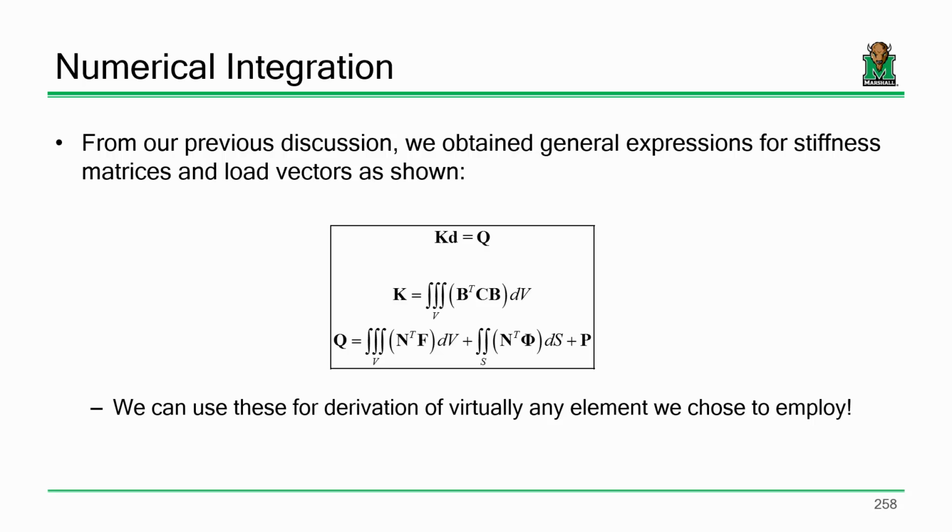Remember, we tied together two concepts: energy balance, the idea that the energy going into a system equals the energy going out, with an approximate displaced shape. We assume what the displaced shape of an element looks like, combine that with energy balance, and lo and behold, we've got finite elements. And that's what we've got here.